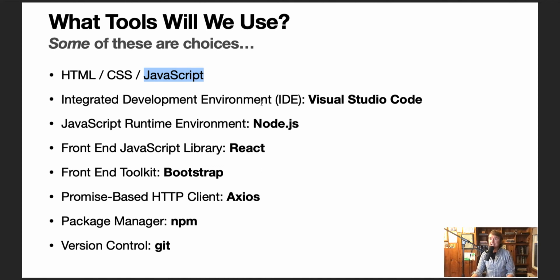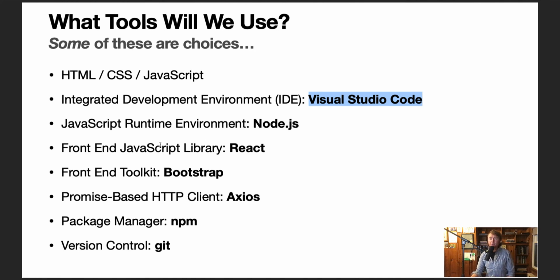There's a lot of IDEs or integrated development environments out there. I'm going to show you one called Visual Studio Code, which is free from Microsoft. Node.js, we're going to cover this in video number 4. It's called a JavaScript runtime environment, but I know those are a lot of big words, so I'm not going to rush into explaining all of that right now.